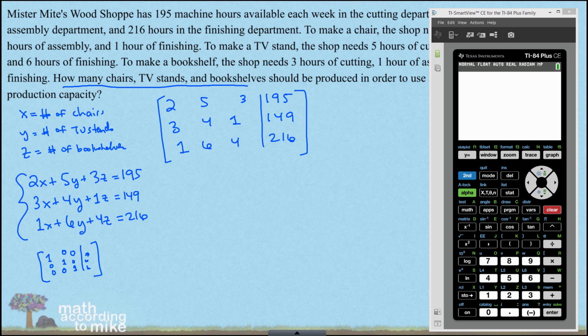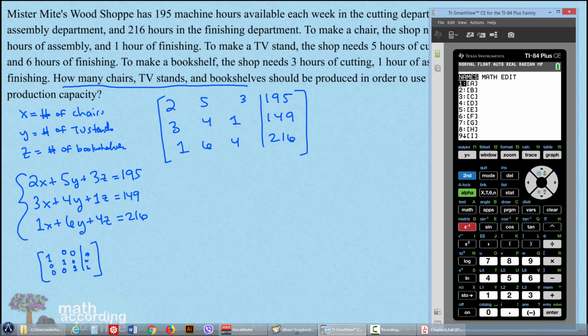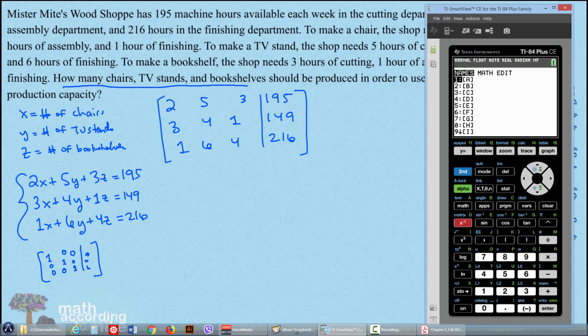You'll notice matrix is above the inverse key. So we'll go to second matrix. Now, I don't have any matrix in there right now. If I did, I could overwrite it by just writing on top of it, literally. It's very hard to delete a matrix. You have to go into the memory. So that's why it's just better just to overwrite it. But mine are all blank, so that's good.